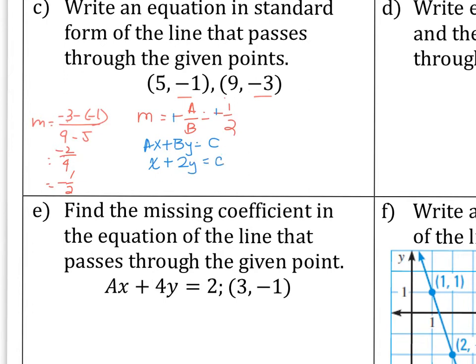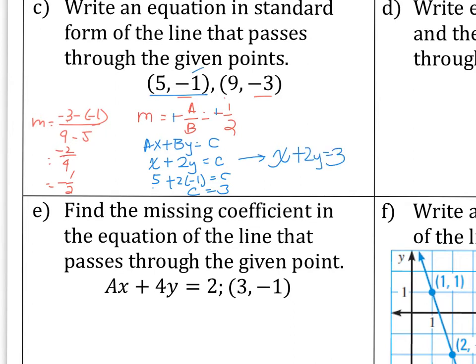Okay, and then I'm just going to use this point. 5 plus 2 times negative 1 gives you positive 3. So c is 3. Then now I can write my equation of the line as x plus 2y equal to 3.